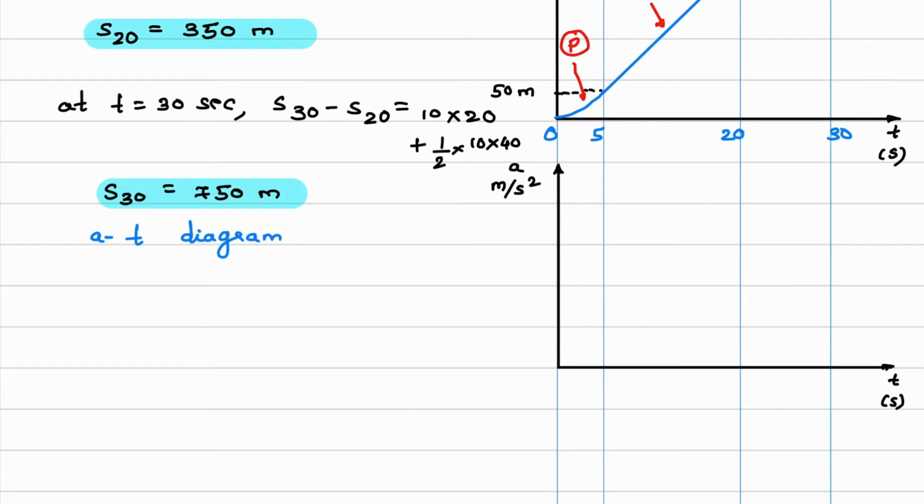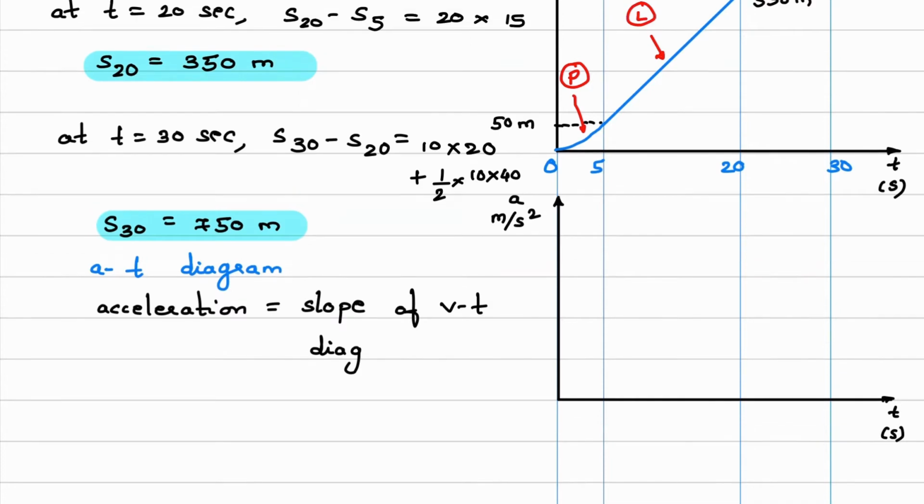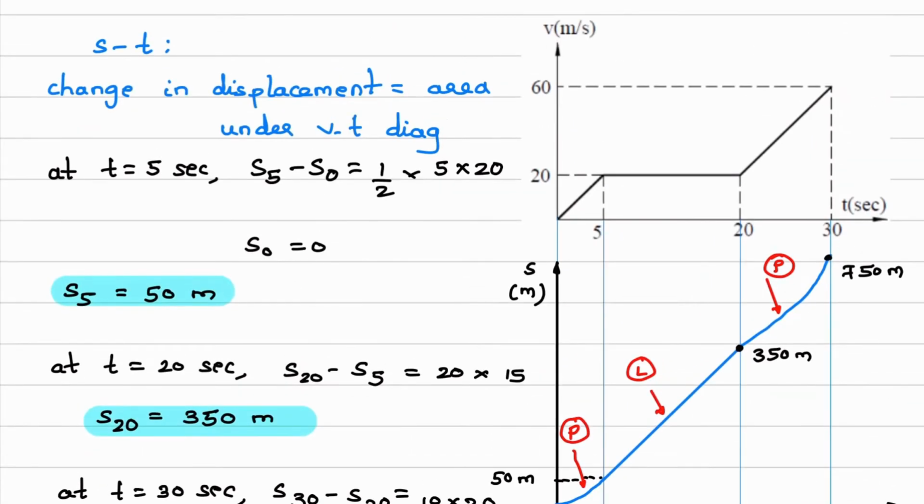So we will write acceleration is equal to the slope of the VT diagram. Acceleration is the slope of the VT diagram, and the VT diagram is given in the question. So acceleration is dv by dt.